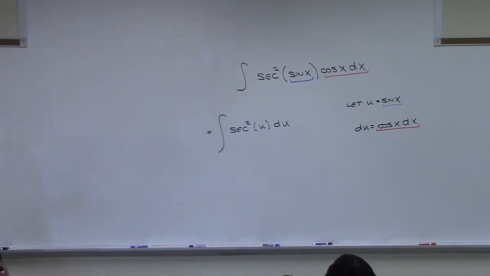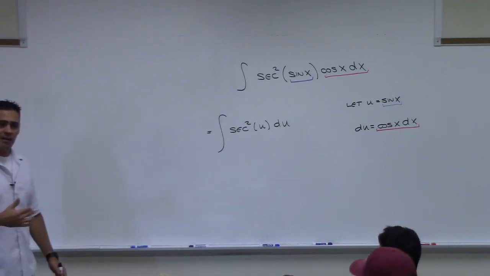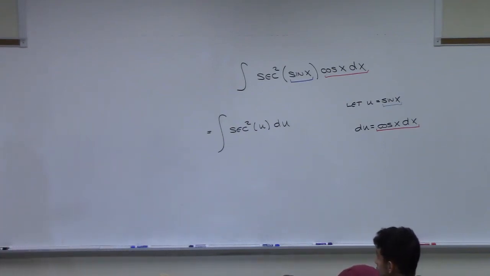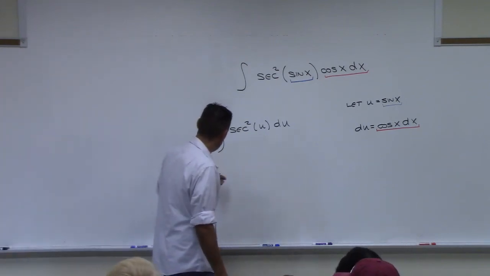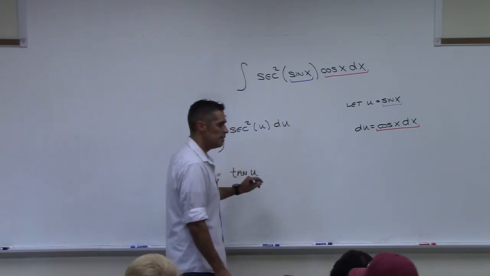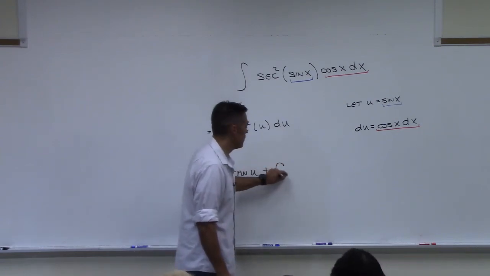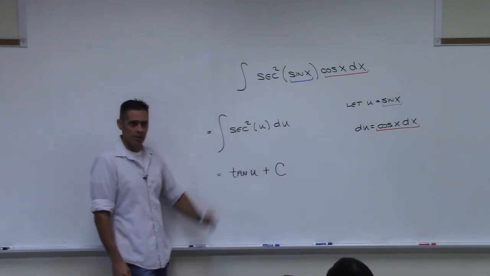Now at this point, you look at that and hopefully you recognize that as the derivative of something. That's the derivative of tangent. So this is going to be tangent of u plus a constant. That's using what we know from Cal 1. Derivative of tangent is secant squared.